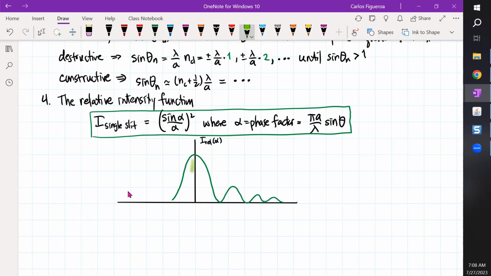So if I look at this, you're seeing that right in here, this guy is a broad central max. And then these other ones, which are much smaller, are called secondary maximas.